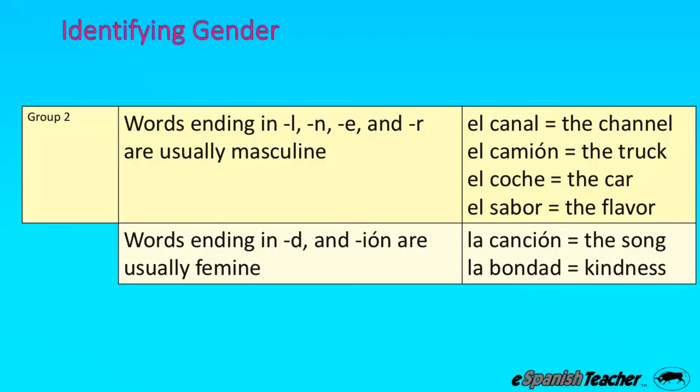Also, nouns ending in D and ión are usually feminine. La canción, the song, and la bondad, kindness. All right, so these rules are not hard and fast because you'll notice I'm using the keyword usually. But it's another group that you need to be aware of. You don't have to memorize this. It's just really helpful to be aware of it so that when you come across these nouns, you'll understand.